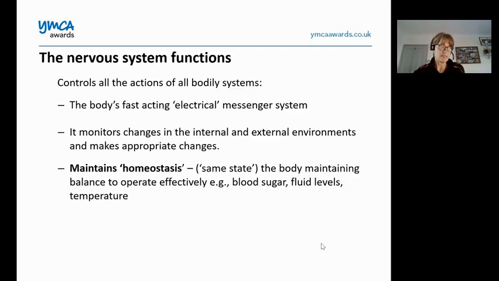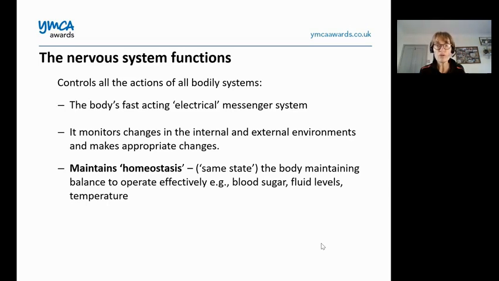So the nervous system. Now, the nervous system and the endocrine system are both the ways in which the body sends messages, but the nervous system is our fast acting part. And this sends electrical messages, which usually take less than 1 second to reach their destination in the body.